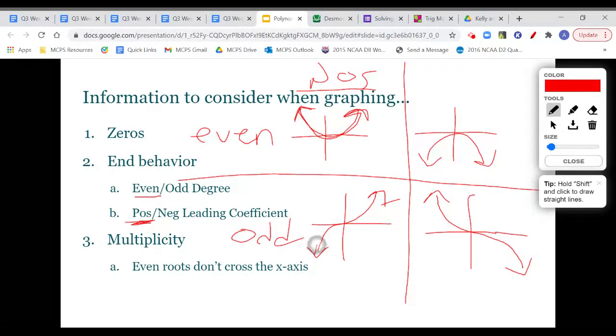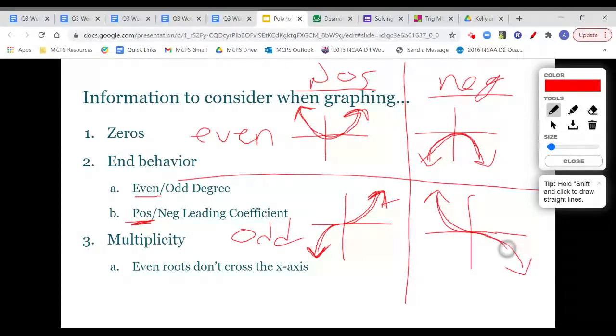In this example, from left to right, I am increasing. And it's not necessarily that every point you're increasing, but it follows that overall increasing trend because it starts at the bottom and it ends at the top. Whereas with a negative leading coefficient, you would see a graph that either points downwards on both ends or one that starts at top and ends down at the bottom when we read it left to right.